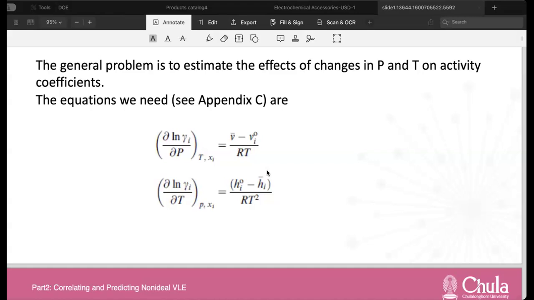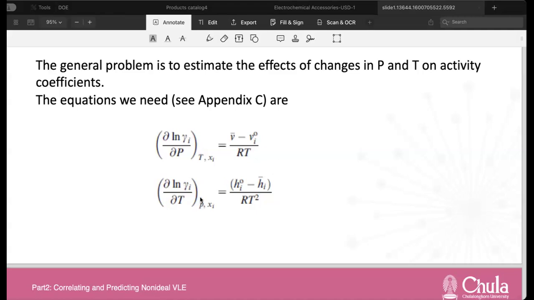One condition of an ideal solution is no heat of mixing and no volume change, the same, because the interaction between A and B is similar to A and A, and B and B. So in that case, no heat of mixing, no volume change.